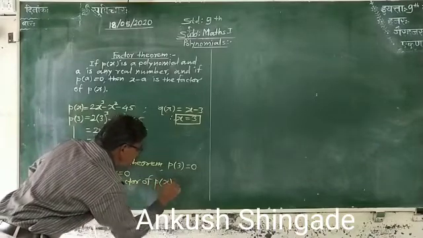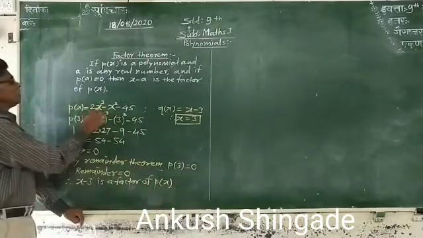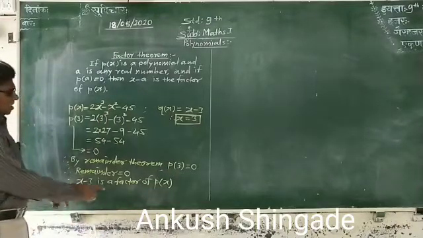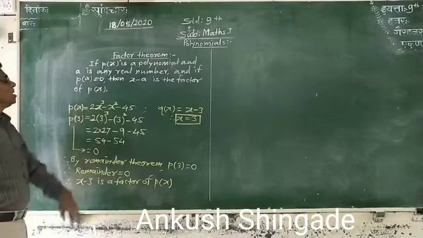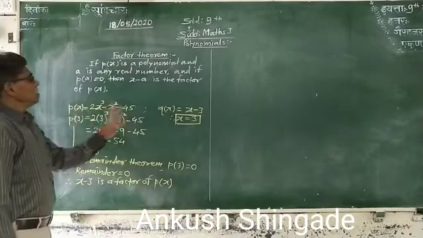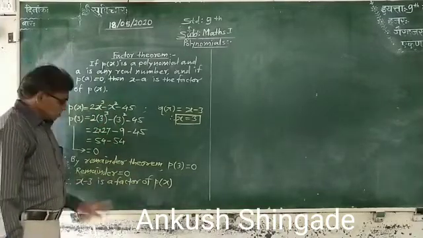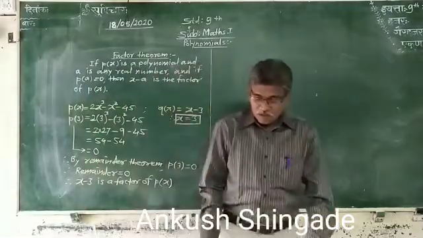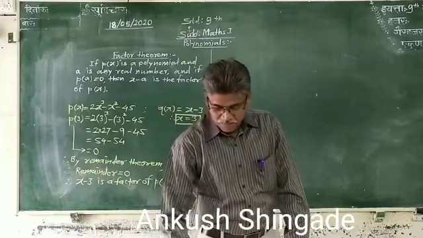Here Px means polynomial in x variable, 2x cube minus x square minus 45. So x minus 3 is a factor of 2x cube minus x square minus 45. So this is an example of the factor theorem.